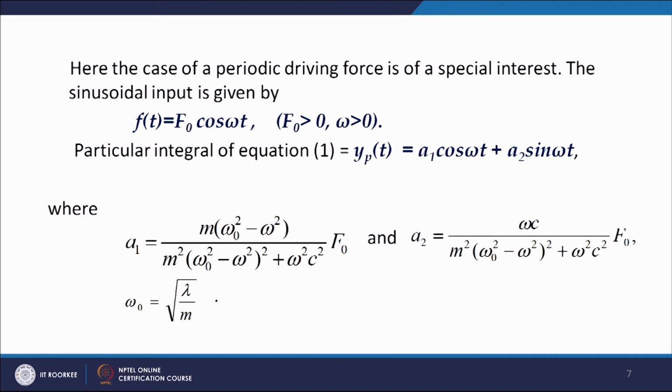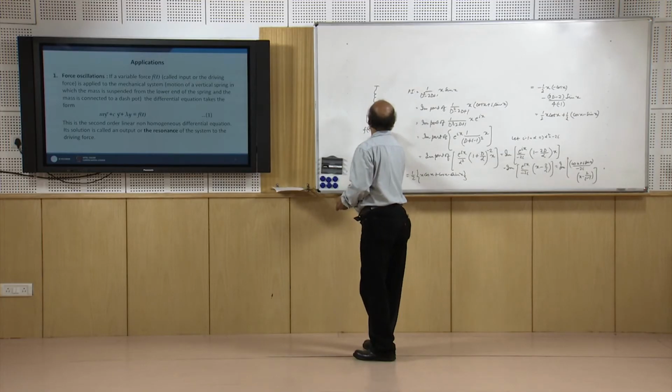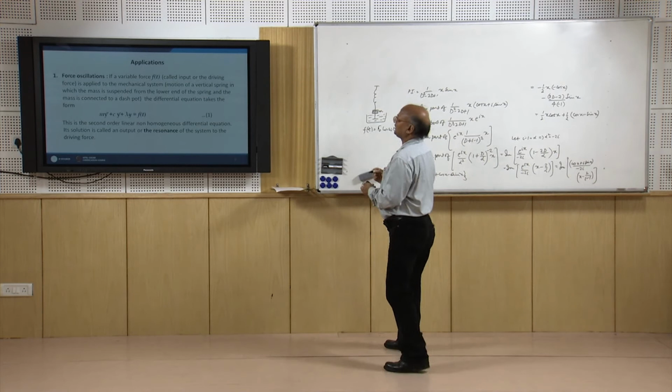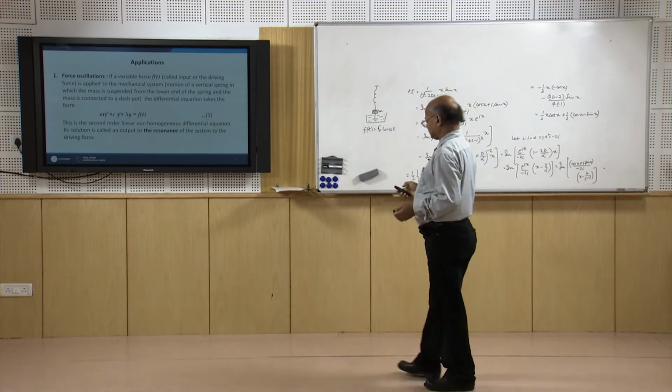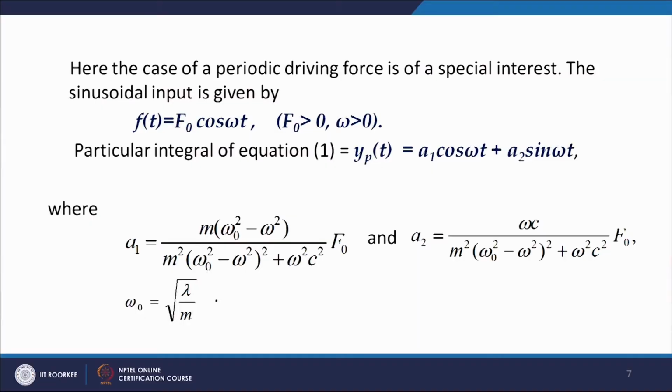Then the particular integral, so when you take F(t) equal to F naught cos omega t, then the particular integral will come out to be a1 cos omega t plus a2 sin omega t, where a1 is equal to this and a2 equal to this, and omega naught is the root of lambda by m, the natural frequency. Now, provided the denominator is non-zero, we get this y p(t) equal to a1 cos omega t plus a2 sin omega t.